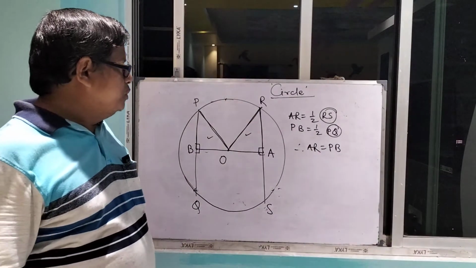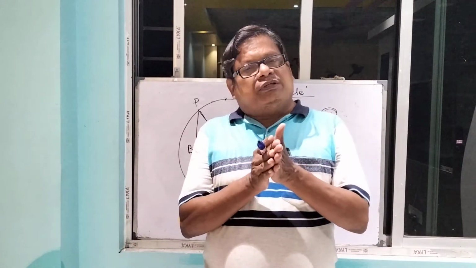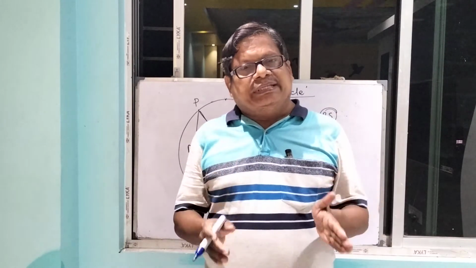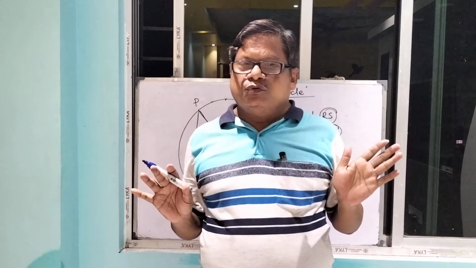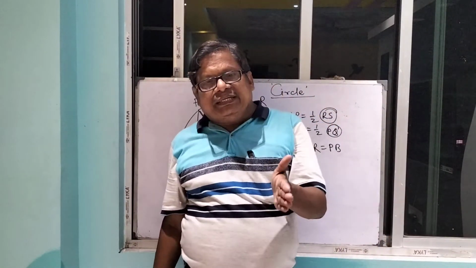So again, I am reminding you. Number one: the straight line which passes through the center and is perpendicular to the chord bisects the chord. Number two: a straight line which passes through the center and bisects the chord is perpendicular to the chord.